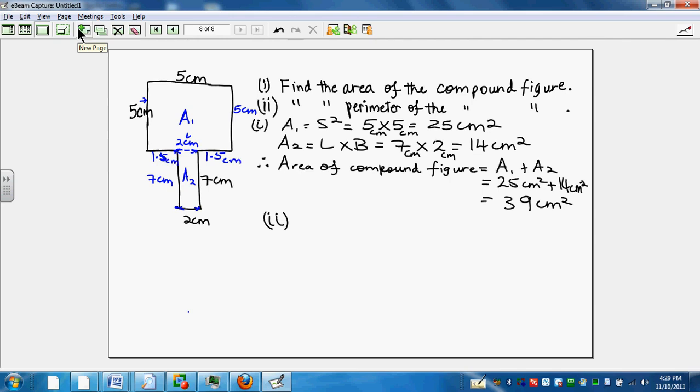So to get the perimeter, all we have to do is add up all of the lengths. So we just do that. And we say the perimeter, P, would be equal to, and we add up 5, 5, 5, plus 1.5, plus 7, plus 2, plus 7, plus 1.5.